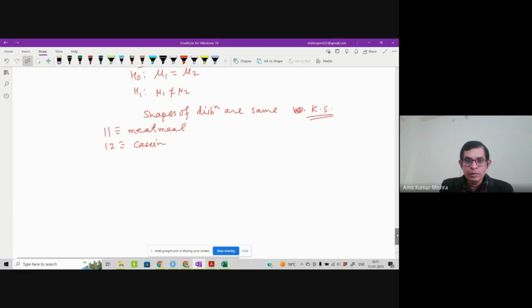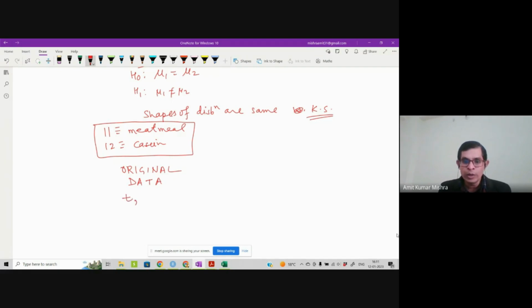So this is the original data. On the original data, you can apply the t-test, you can apply the Kolmogorov-Smirnov test. If you want to understand the shape, or the median, you can apply the Mann-Whitney U test or the Wilcoxon rank sum test.